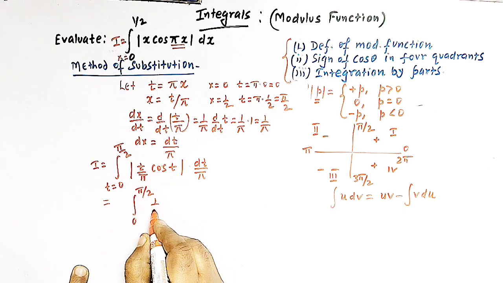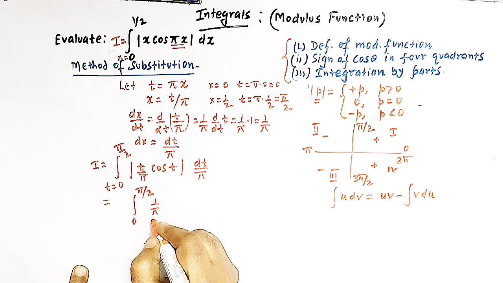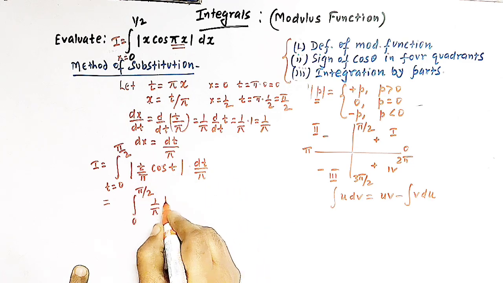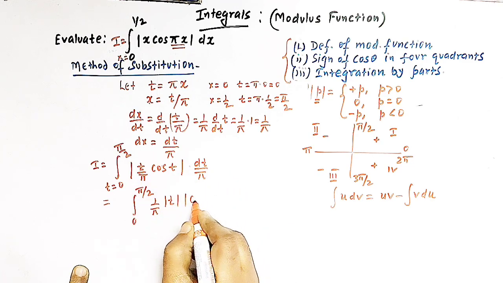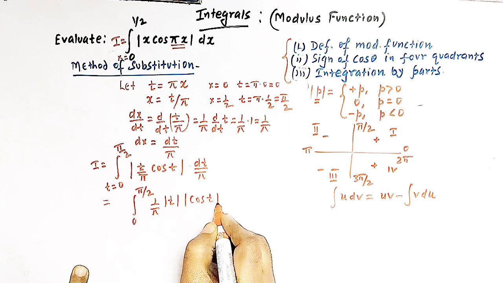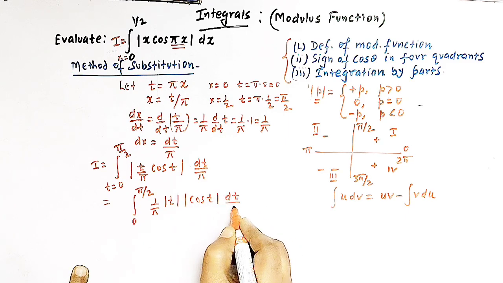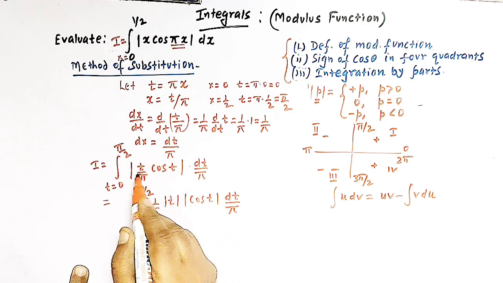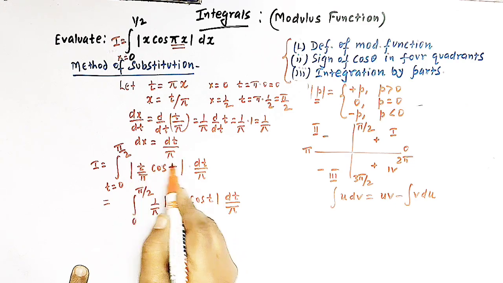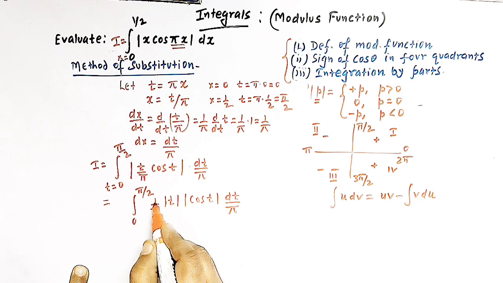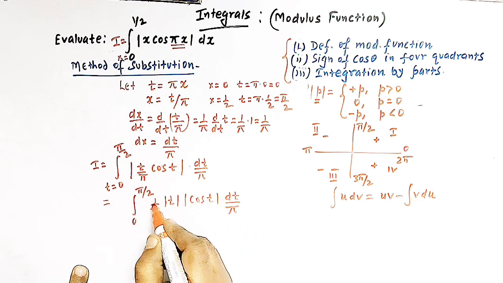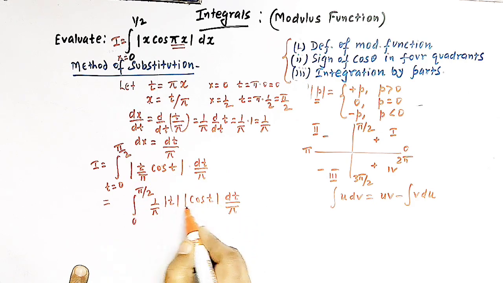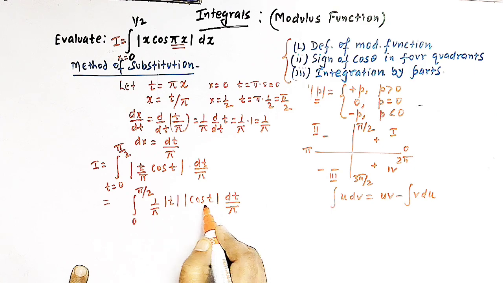So we can take 1 over pi, that is, mod of 1 over pi is simply 1 over pi, and then we have mod of t, and then mod of cos t, and here we have dt over pi, right? So here we have written this mod function as mod of 1 over pi, that is simply 1 over pi, and mod of t times mod of cosine t.